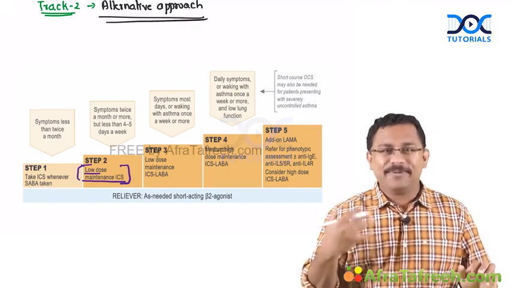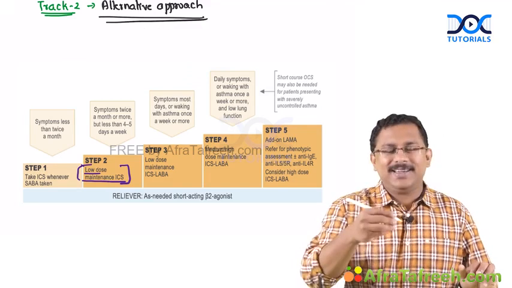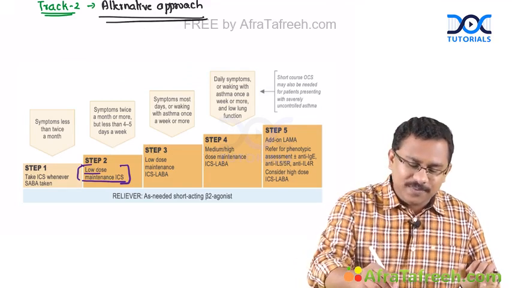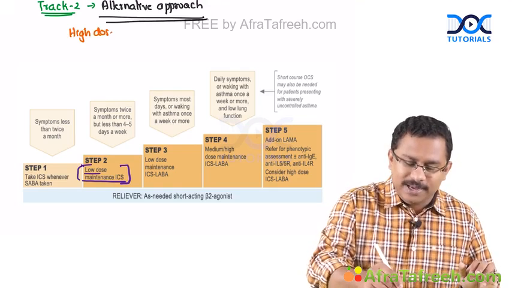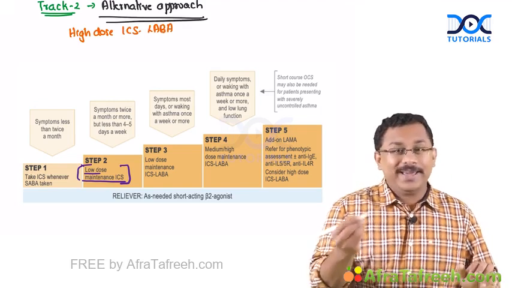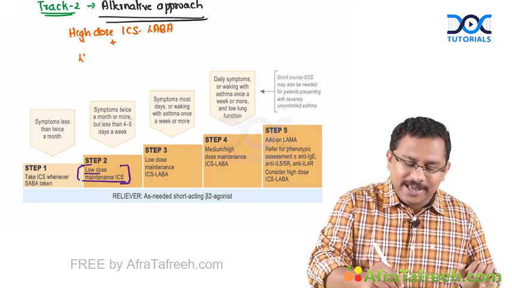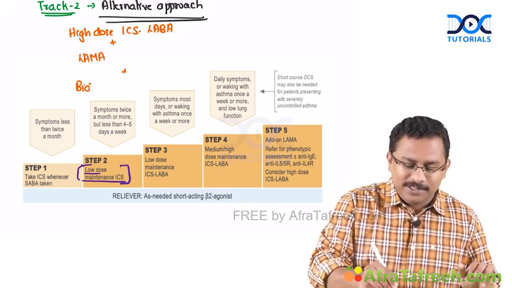And what about step 5? Well, step 5 again, just like the track 1, here also you can go for the high dose. You can go for the high dose ICS LABA combination, but remember, you were giving this in case of step 4 as well. So you can go for an add-on LAMA, or you can go for a biologicals.